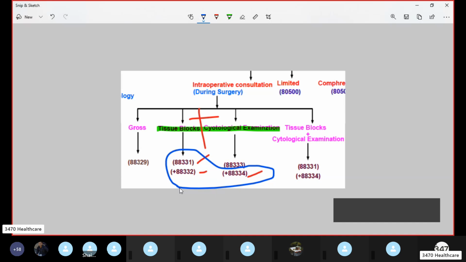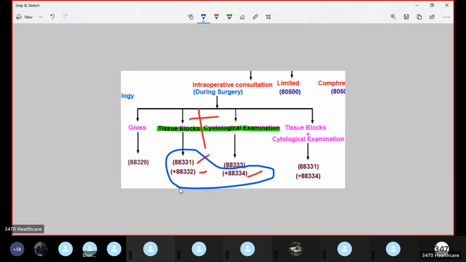Okay, so you need to check correctly that tissue block and cytological examination are both coming. Tissue block primary code, add-on code, cytological examination add-on code. Okay, so you need to know this. If I'm asking 4 tissue blocks and 4 cytological examinations done at a time, what is the answer?